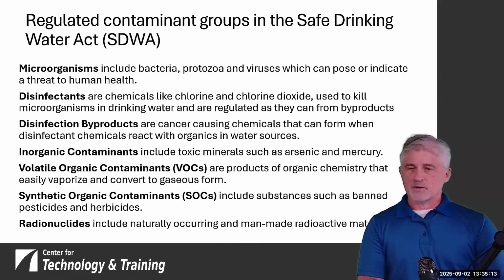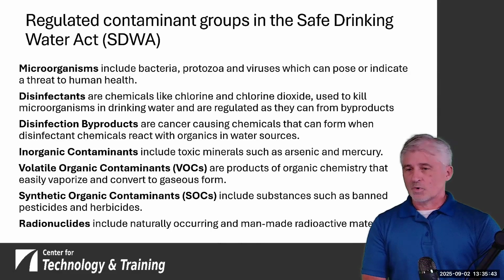We still need to regulate them because we want to make sure that they're not at concentrations that would be of concern. As a result of adding disinfectants, we have disinfection byproducts, and those are caused when we've got naturally occurring organics in the water, and then we add chlorine. That results in the production of disinfection byproducts.